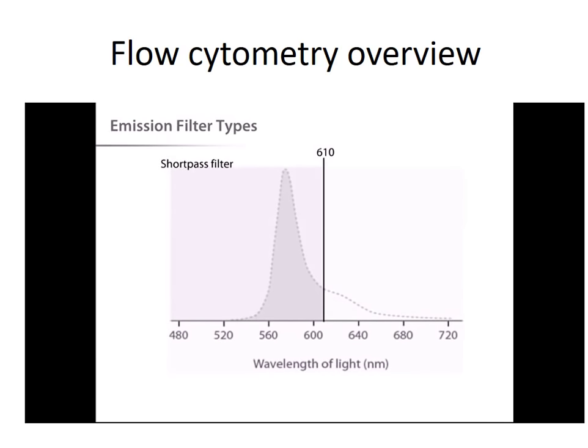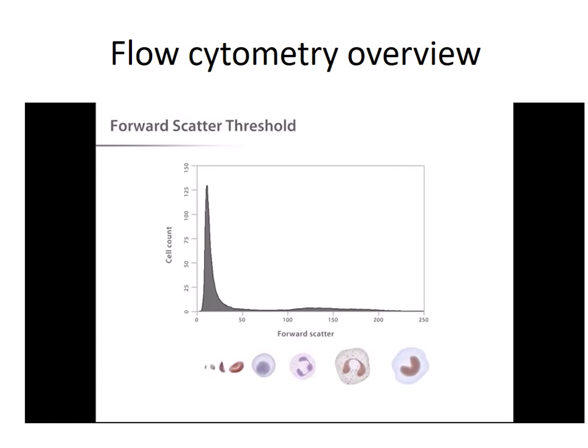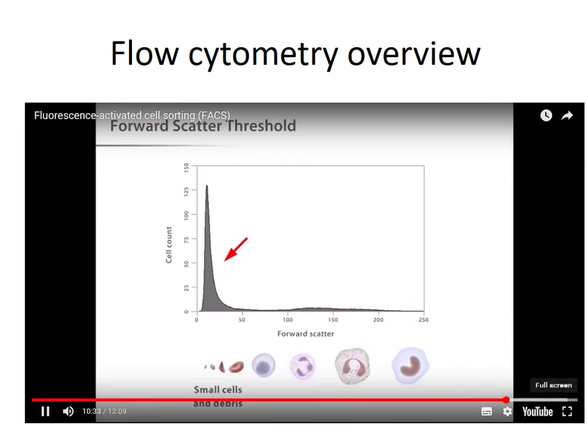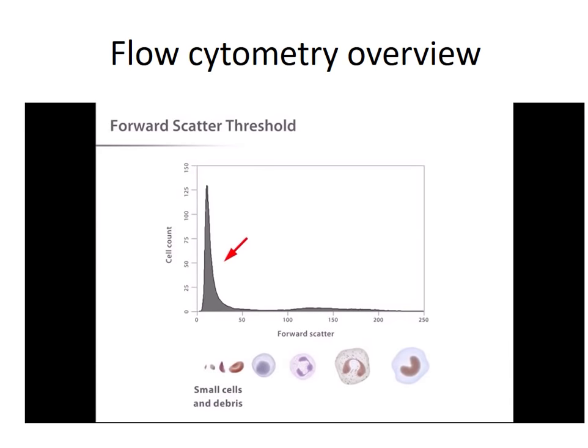nanometer short pass filter. One final important point regarding data collection is the use of a threshold. If every single particle passing through the laser caused the instrument to collect data, the data pool would be dominated by information coming from a very large number of minute particles, like platelets and debris. To prevent this, a threshold is set such that a certain forward scatter pulse size must be exceeded for the instrument to collect the data.